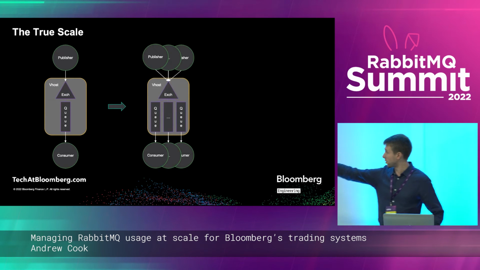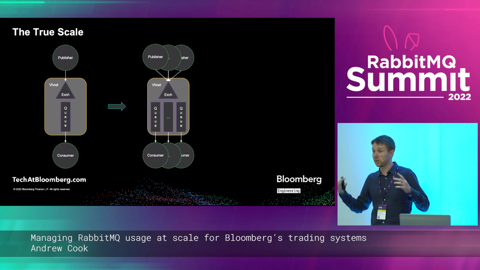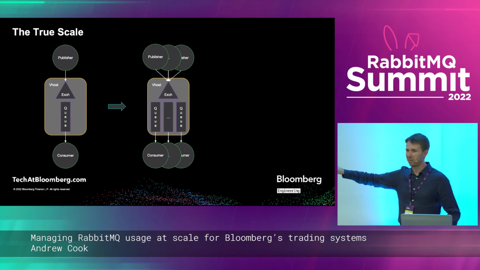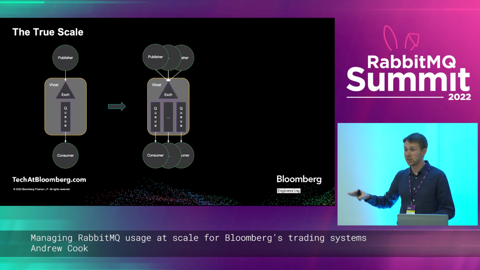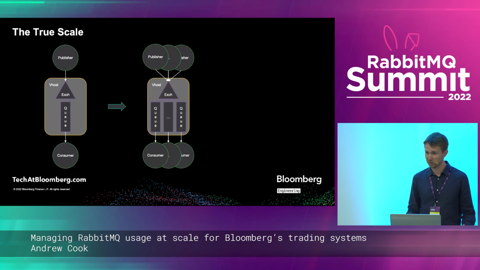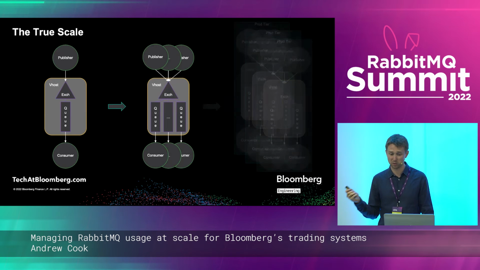So whenever I have a drawing like this, imagine that we're actually talking about multiple publishers, multiple queues, and multiple consumers serving the same business purpose here. I only have a factor of 3 sharding here, but it's actually hundreds of shards. So you may have hundreds of queues per use case, hundreds of publishers, hundreds of consumers, right? So this is bringing it to the next level in terms of resource management.